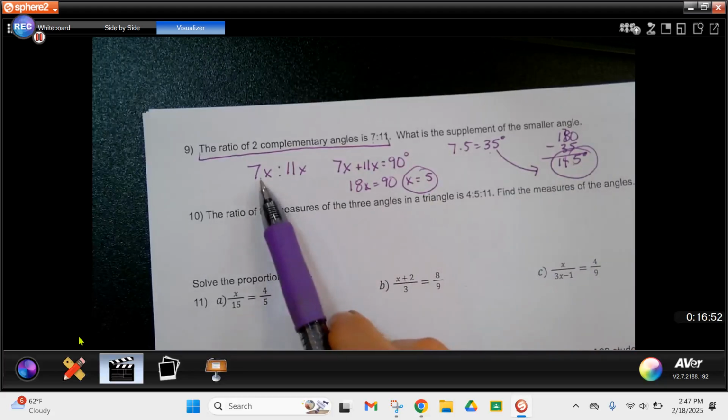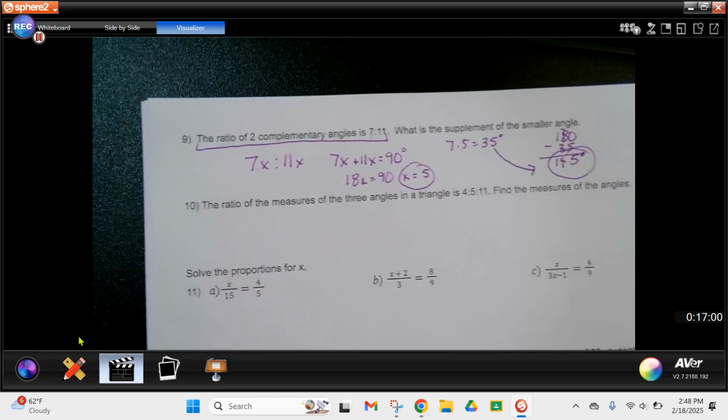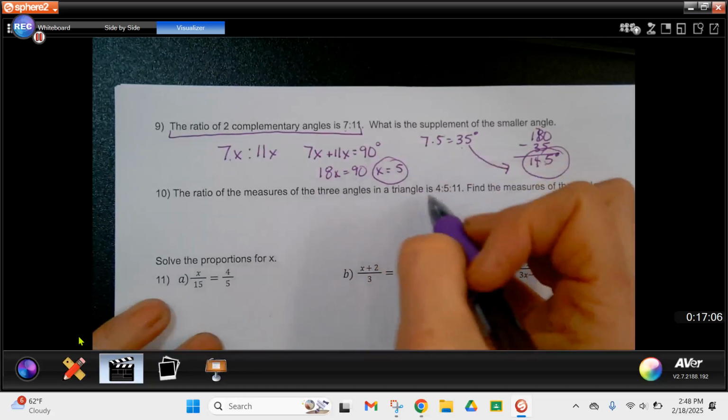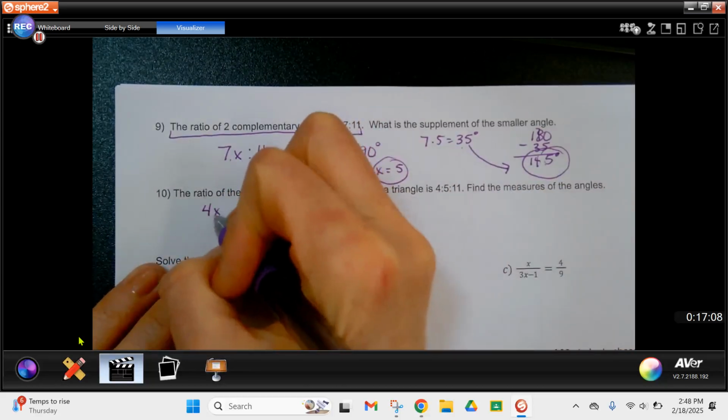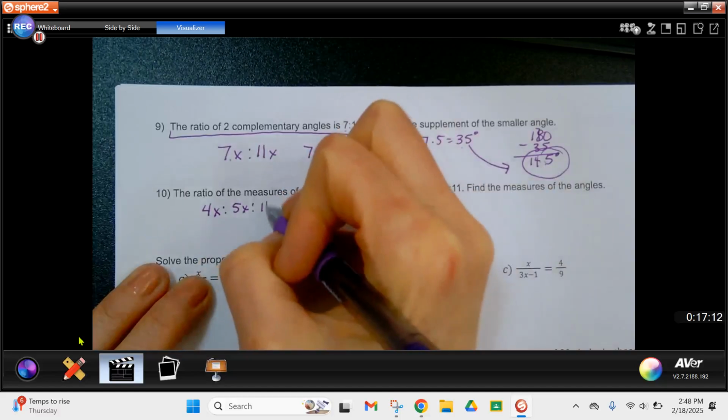But you had to find the ratios first by multiplying by x, add them together to equal 90, and solve for that small angle. Okay, number 10, the ratio of the measures of three angles in a triangle is 4 to 5 to 11. Find the measures of the angles. So we're going to multiply that ratio by x, so 4x to 5x to 11x.